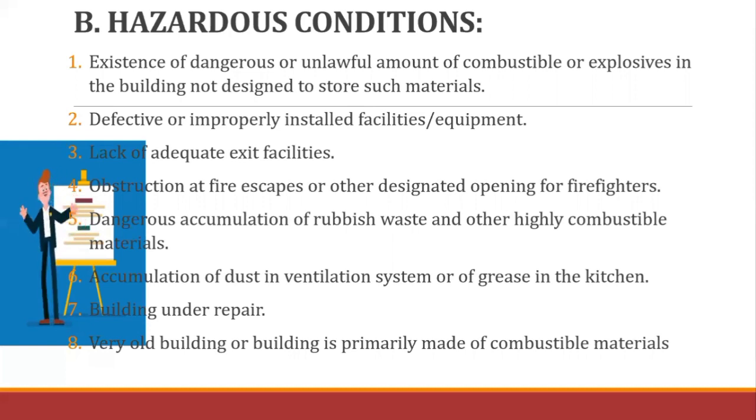Loss of screws that may cause a short circuit, lack of adequate exit facilities, obstruction at fire escapes or other designated openings for firefighters, dangerous accumulation of rubbish, waste and other highly combustible materials, accumulation of dust in the ventilation system or grease in the kitchen, that is the class K fires, and then buildings under repair, very old buildings or buildings primarily made of combustible materials.